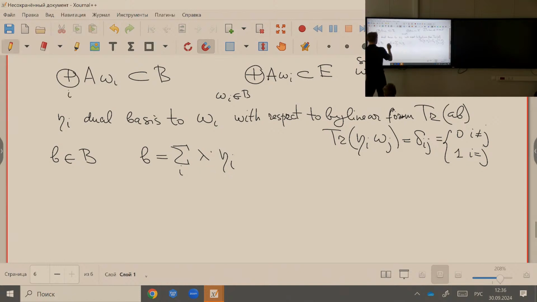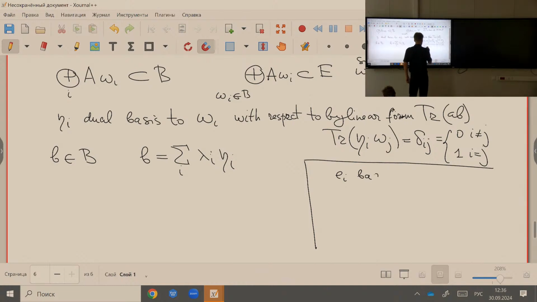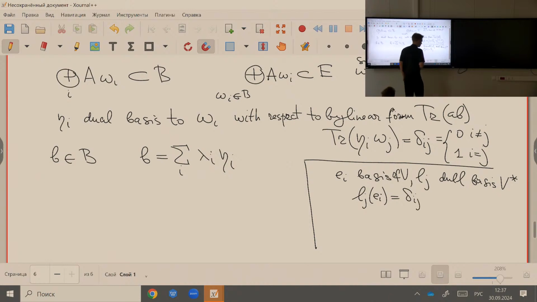In general, if you have a pairing, e_i is a basis, let me write this down as a separate remark: e_i is a basis, and L_j is a dual basis in the set of functions, meaning that L_j of e_i is delta_ij, the Kronecker symbol.